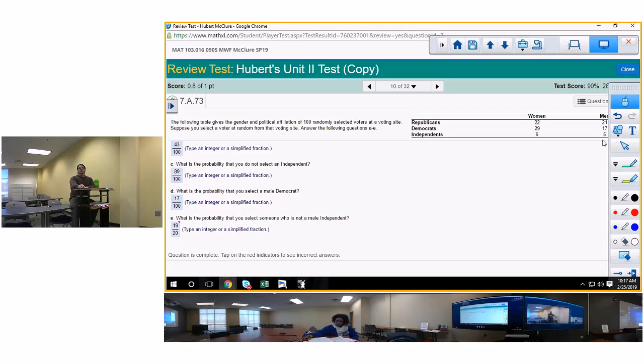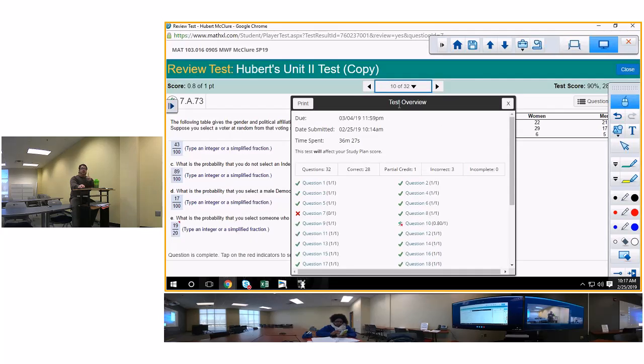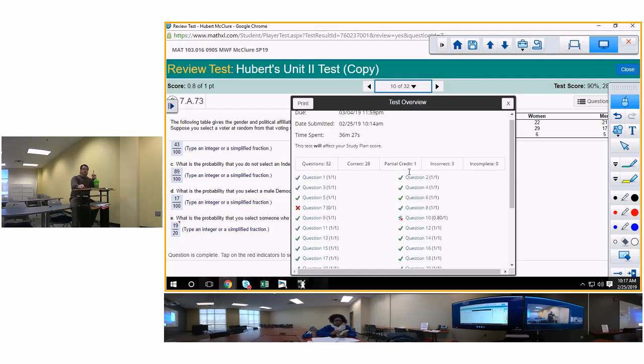Okay, what's the male independent? 5 out of 100, right? I don't know where they're getting 20 from. Oh, 95 out of 100 reduces. That's why I got it wrong. It's the same number, it's just reduced. So that's why I told Mr. B, I'm not worried about that. Y'all reduce it. So that one, I only missed one so far. Number 7, I did get that one wrong.